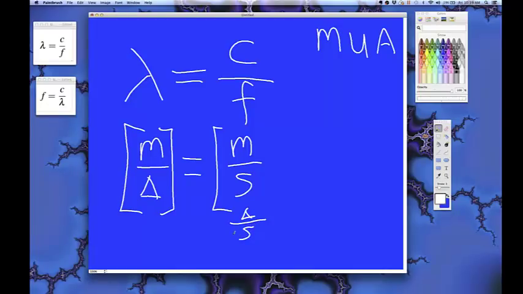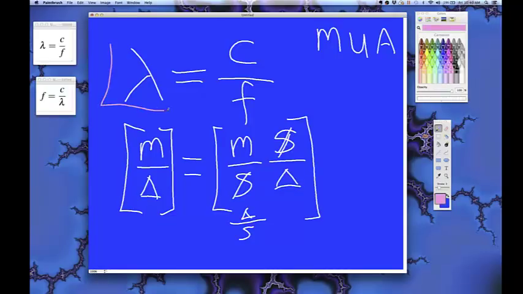But because this is in the denominator, you write seconds per cycle. The seconds cancel and you get meters per cycle. So in modified unit analysis, the units for wavelength are meters per cycle.